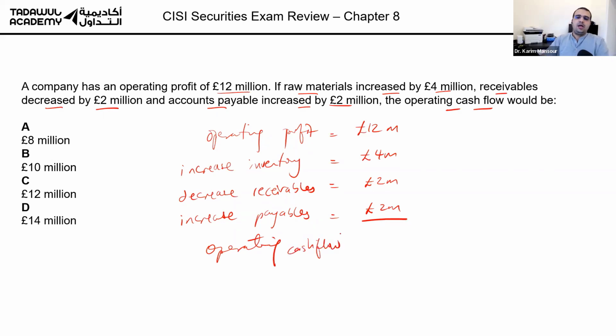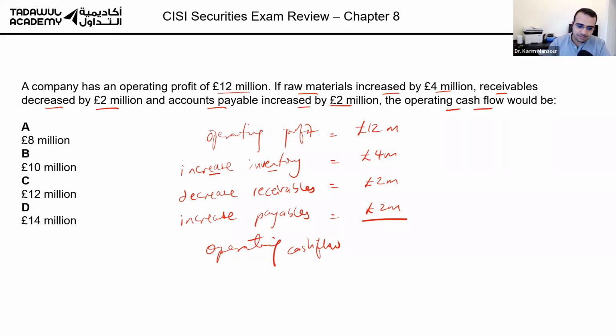Now, starting from the 12, these 4, 2, and 2 million, what do you do? Do you add them or do you deduct them? That depends on their effect on cash. An increase in inventory, that means you bought more inventory, you lost cash. When inventory increases, that means you used cash.